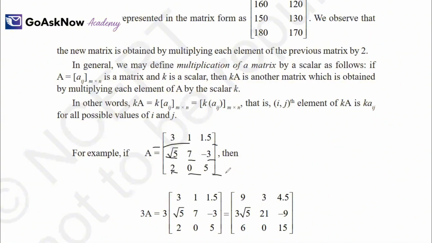So you will get the first element as 9, the second as 3, the third as 4.5, then 3 root 5, then 21, then minus 9, 6, 0, and 15. These are all multiplied by 3 only. I hope you got how these elements are calculated.